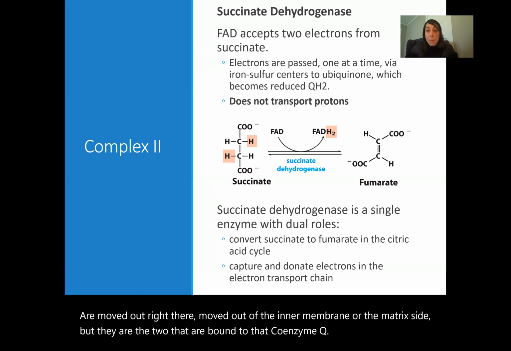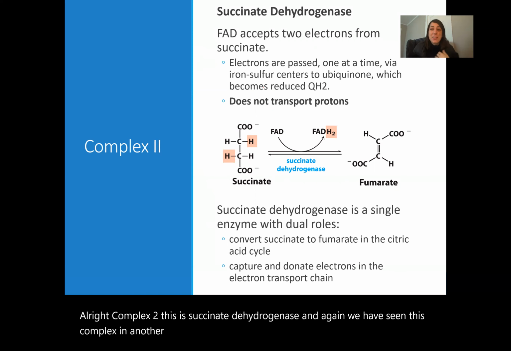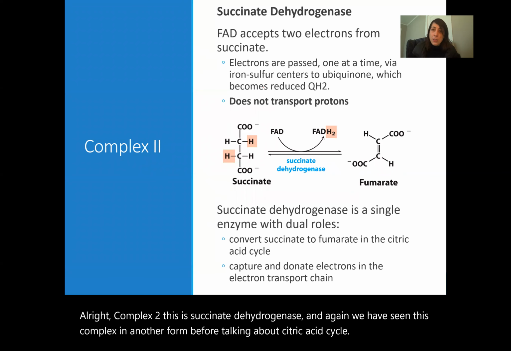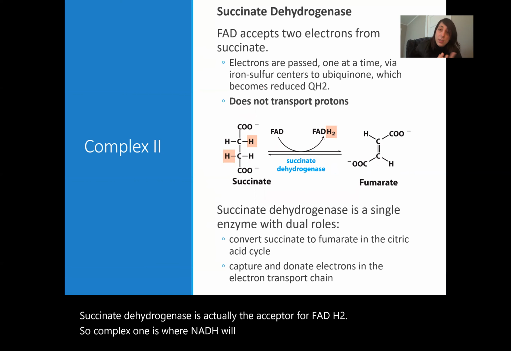All right, complex 2. This is succinate dehydrogenase, and again, we have seen this complex in its other form before, talking about citric acid cycle. Succinate dehydrogenase is actually the acceptor for FADH2. So complex 1 is where NADH will drop off its electrons.